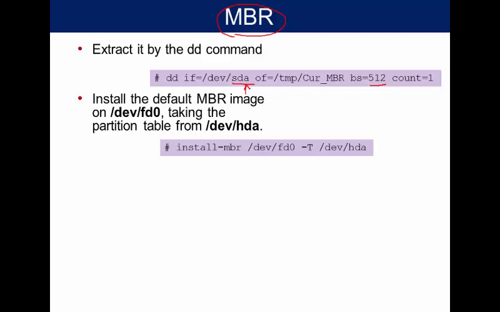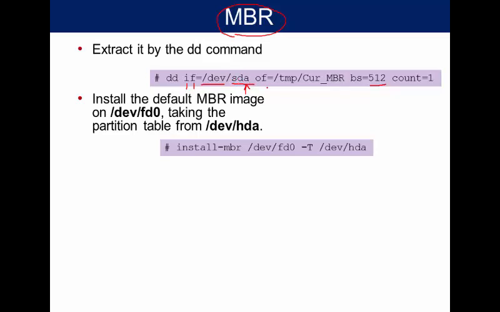That is available under the DEV directory. So the input file, IF, is /DEV/ and then the hard disk or floppy disk. A floppy disk is not this, it has a different logical name.